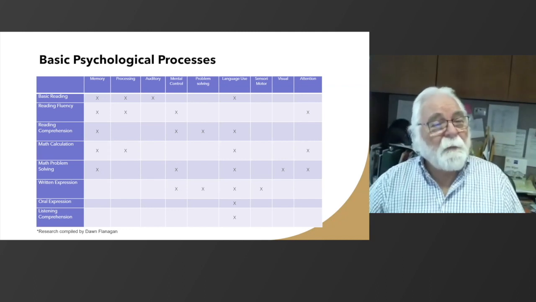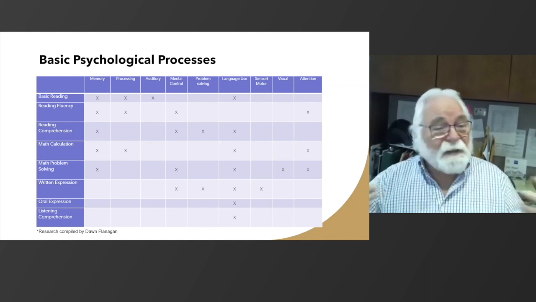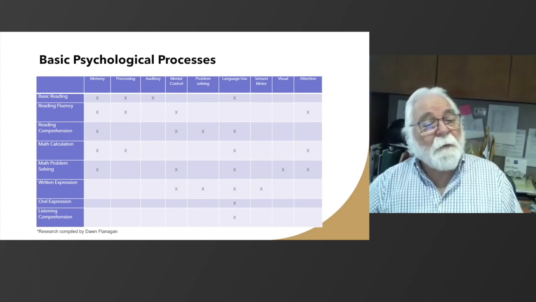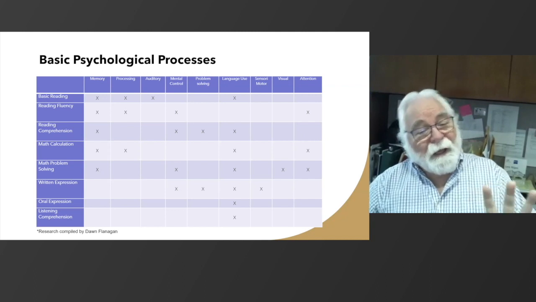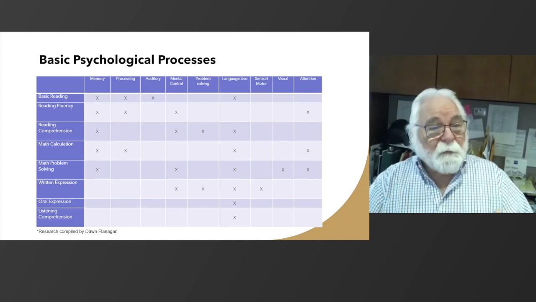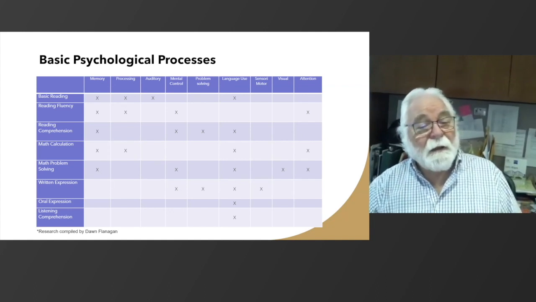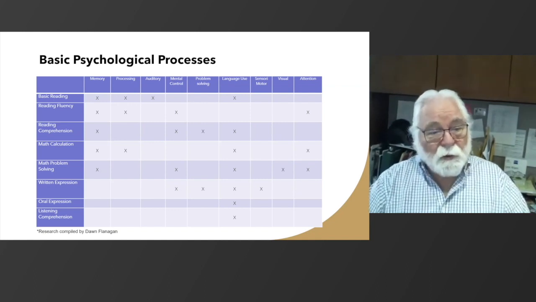We say, let's check memory, processing, auditory, and language use, and see which one of those might be contributing. And so this chart represents what Dawn Flanagan has found in the research to support the relationship between those basic psychological processes and, on the left-hand side, the basic skills that we address in school.